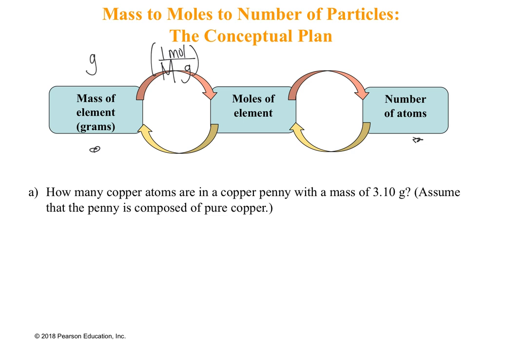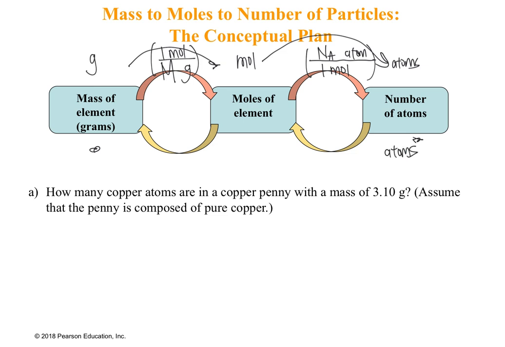And then if I want to go from moles to atoms, then I'm going to have 1 mole on the bottom, and Avogadro's number, N sub A, number of atoms, will go up top. So I would divide by molar mass here, and then multiply by Avogadro's number here. If I'm going backwards and I have number of atoms, I know this is going to look a little weird, I'm going to do the opposite.